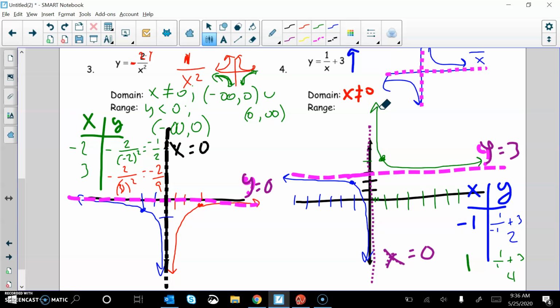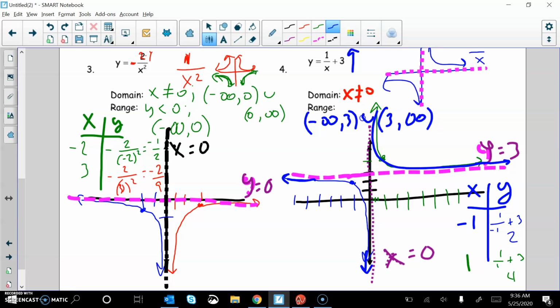The range, if we go from the very bottom, -infinity all the way up to 3, not including it. On the other end, it'll be very close to 3, and then shoot on up towards infinity. So there's your range.